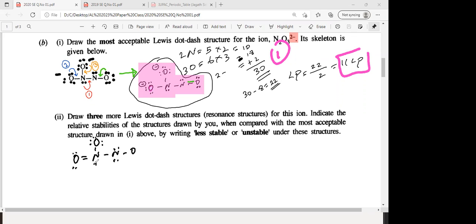So there will be a plus charge on this, no? There will be a minus charge on this. And there will be a minus charge on this. There will be more formal charges, therefore it's unstable. That is the red one. Oh, wait, that is the blue one, sorry. That's the blue one.